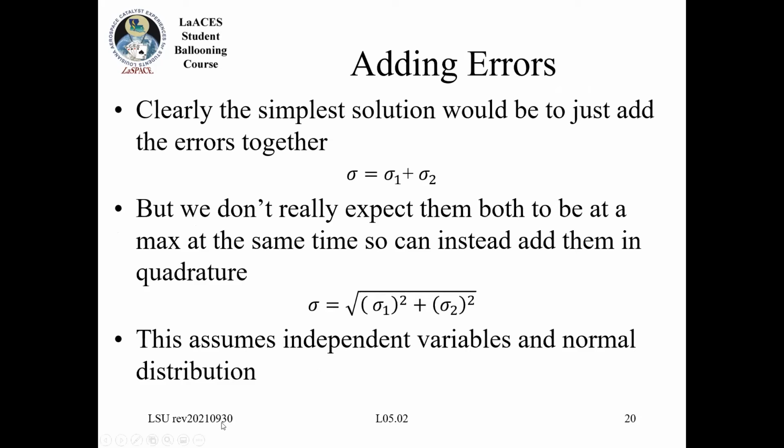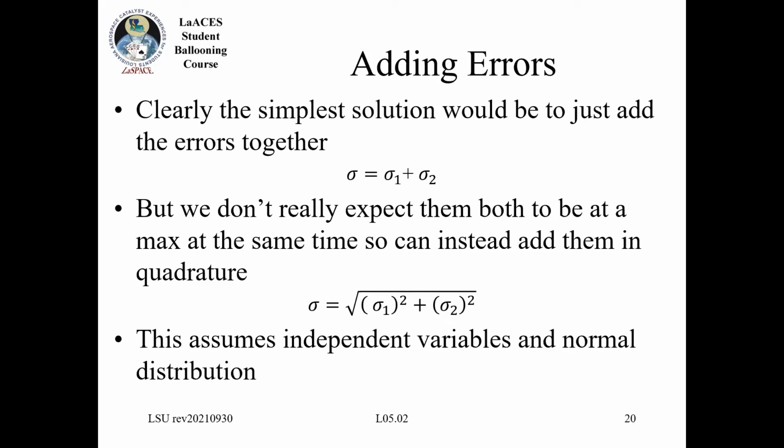So the next question becomes, how do I add different types of errors together? The simplest solution would be to just add them. Total error is systematic error plus random error. And this is more general.